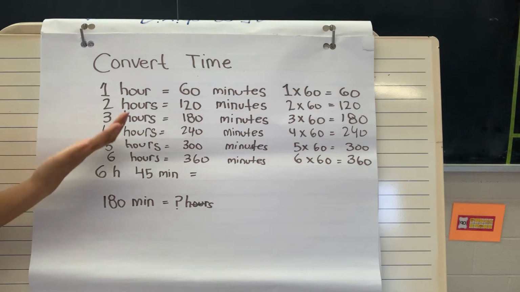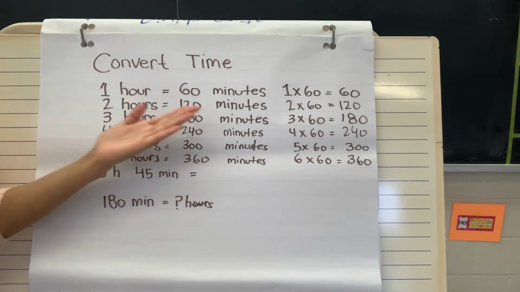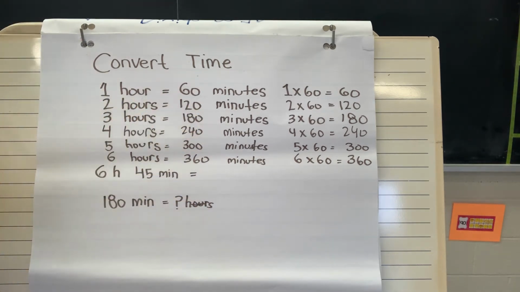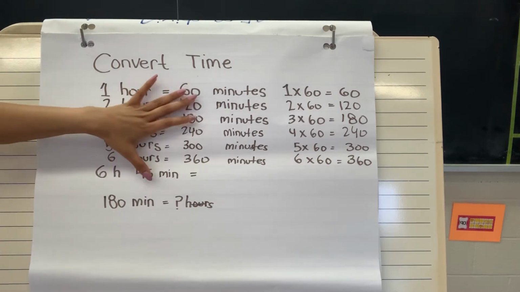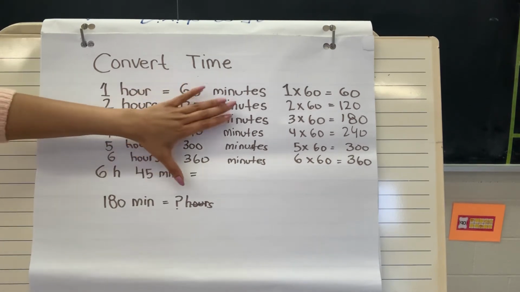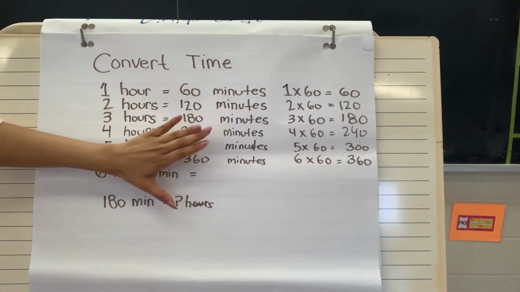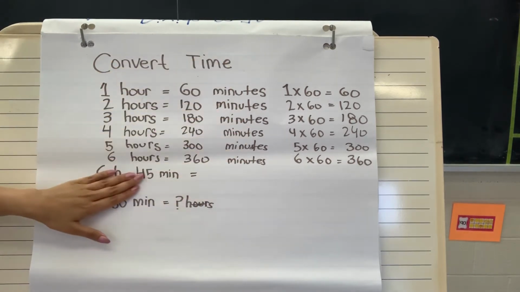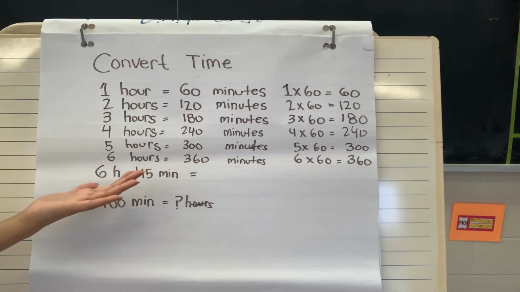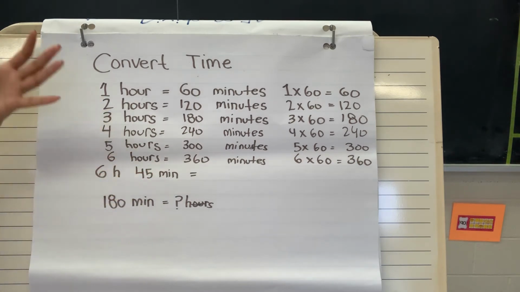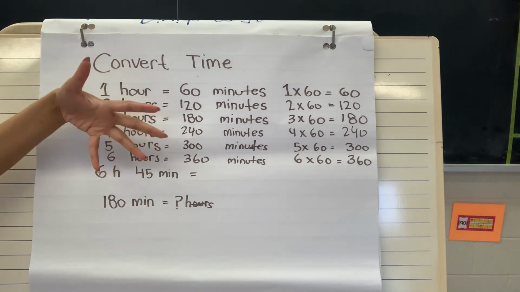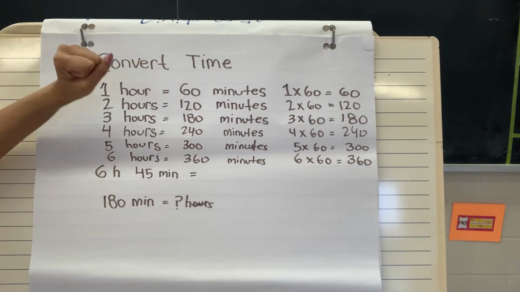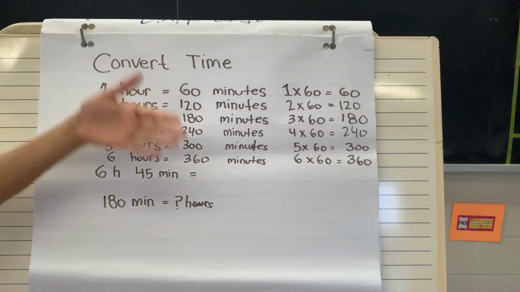Either you can know, or you can memorize, but what you need to know is that to find the number of minutes, we can first multiply our hours by 6 and then by 10. Now that sounds very confusing, but when we do an example, you will see that it actually makes sense. So to find the number of minutes, we can multiply the number of hours by 6 tens. That is, first we multiply by 6 and then by 10.